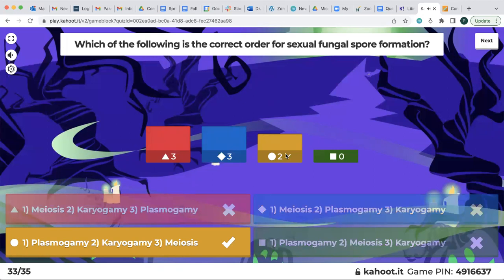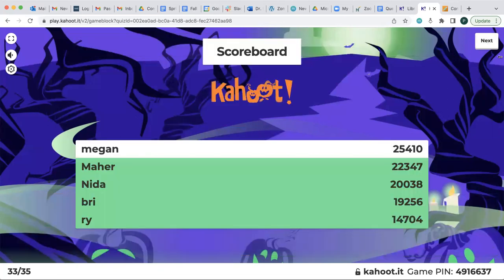Yep. So know the steps. It is plasmogamy, karyogamy, and then meiosis. So yes, orange is the correct answer. Know those. Go over the steps and what happens in each step, and know the order that it happens.